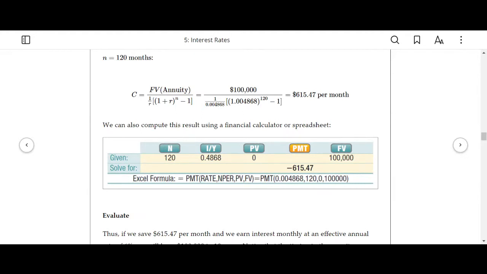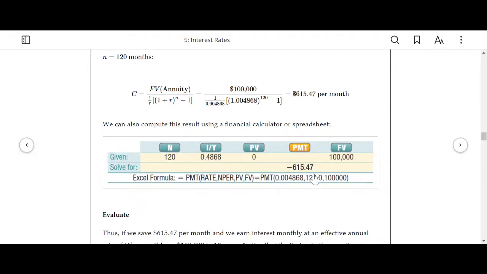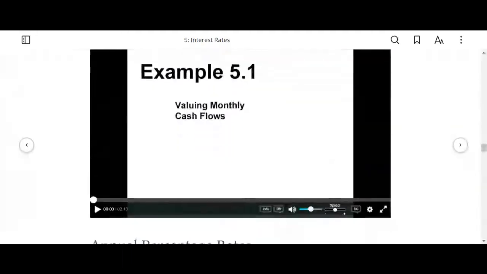So 10 years is 120 months. And then we would say 6 divided by 12. We would have a calculator for that. And then present value is 0, and we're trying to calculate the payments. Future value is 100,000, and this will be our number of payments.